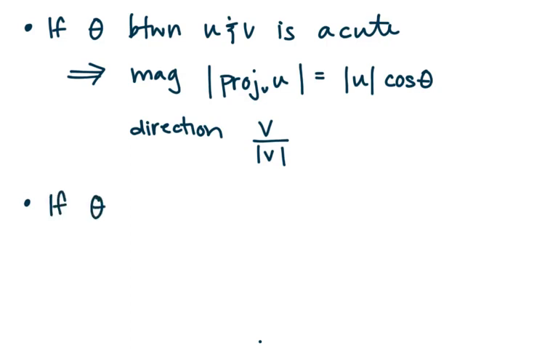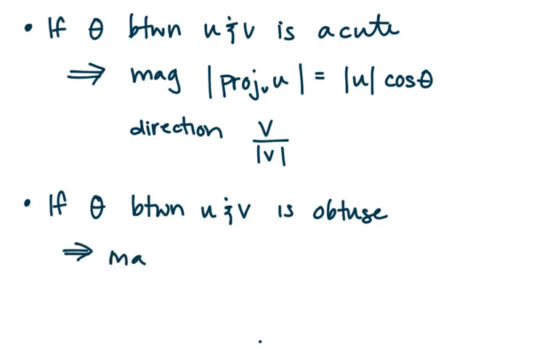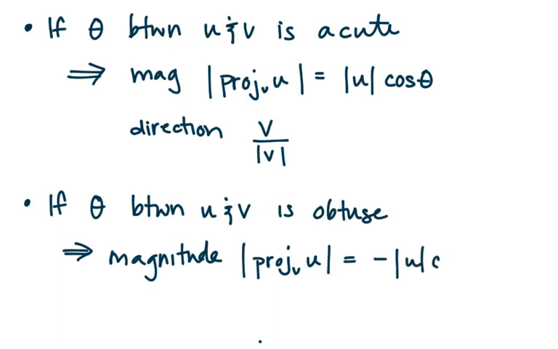However, if theta, the angle between u and v, is obtuse, then my magnitude, the projection of u onto v, is negative the magnitude of u times cosine theta. And the direction associated with that vector is negative v over the magnitude of v.